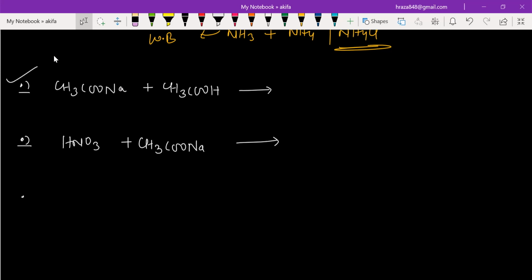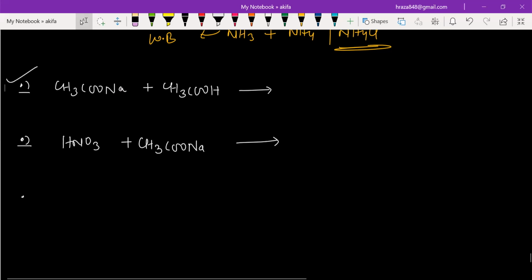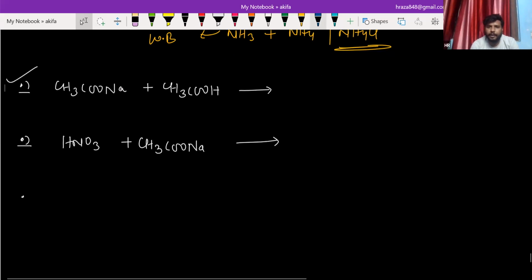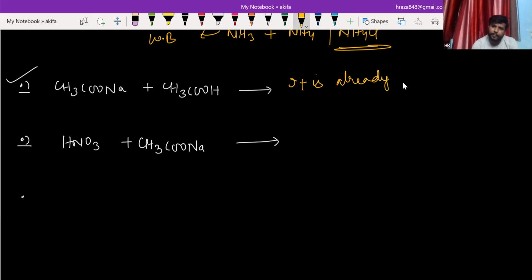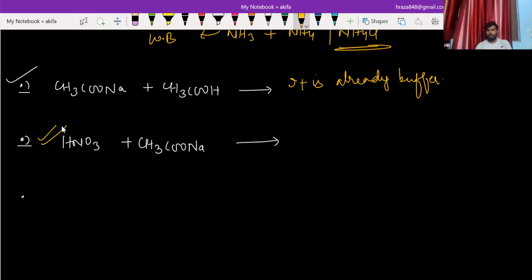Am I audible? Just see now, the first one is already a buffer. The second question is, can it be a buffer solution or not?